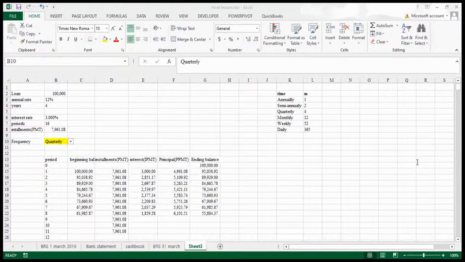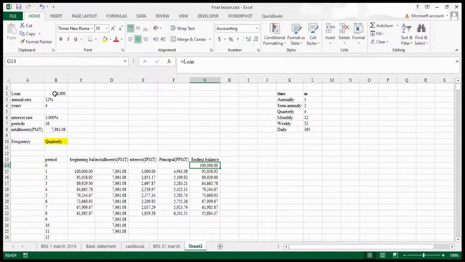Any question? What did you do to the ending values? The first ending value in period 0 is the loan amount.